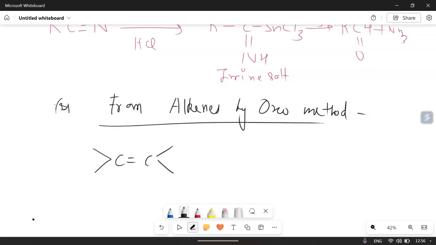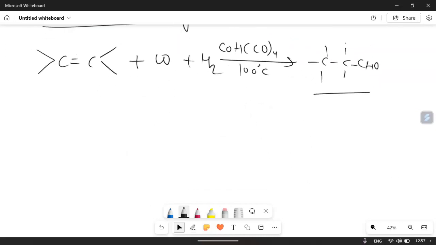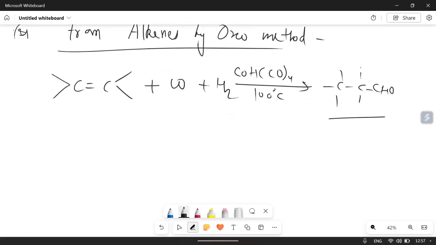You have alkene reacts with carbon monoxide plus H2, that is in the presence of HCo(CO)4 at 100 degrees Celsius. That will give RCH2CH2CHO. Okay, that is also a preparation of aldehyde by oxo method. Here in oxo you have to use carbon monoxide.